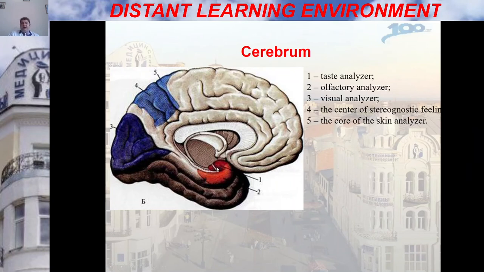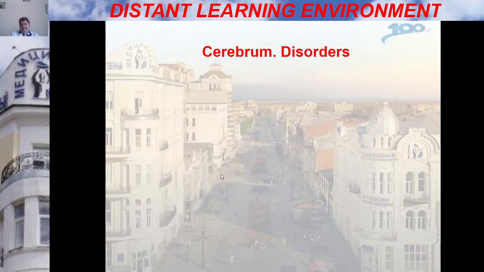This is parahippocampal gyrus, and it contains 2 analyzers, taste and olfactory analyzers.